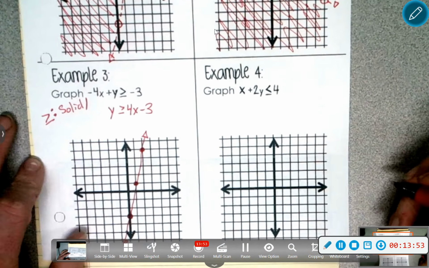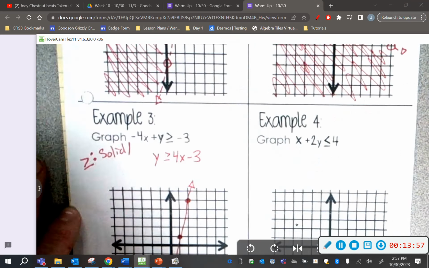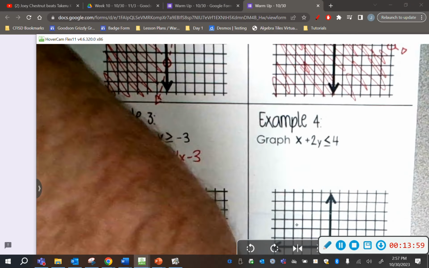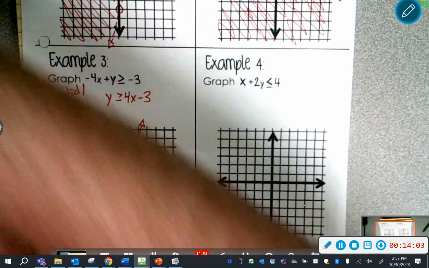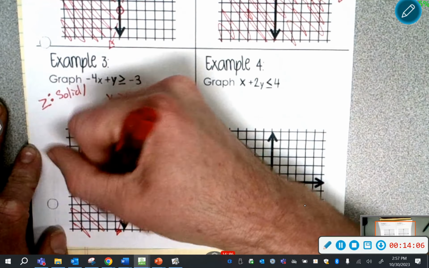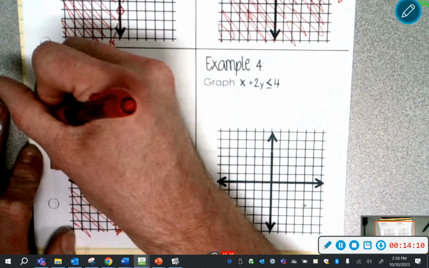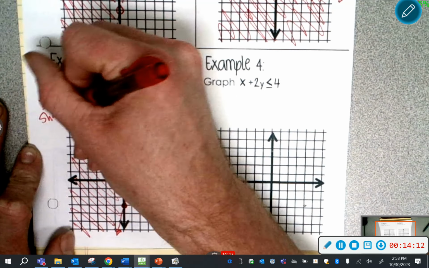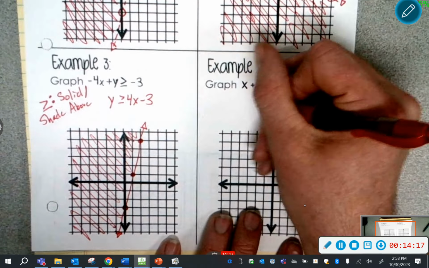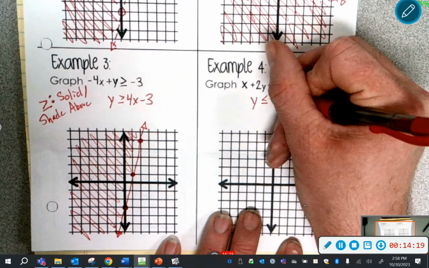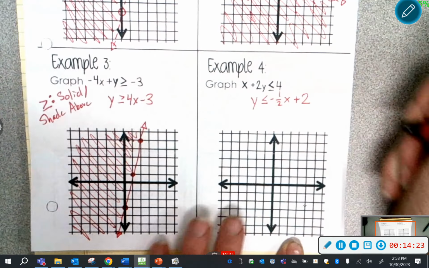And I'm going to shade above because in this case, it is greater than. All right, last one. Y is less than or equal to negative 1/2 x plus 2.